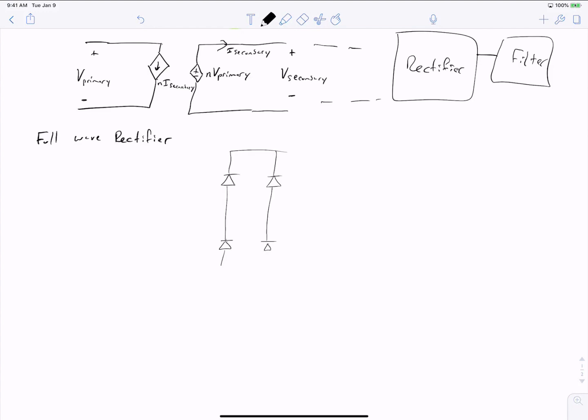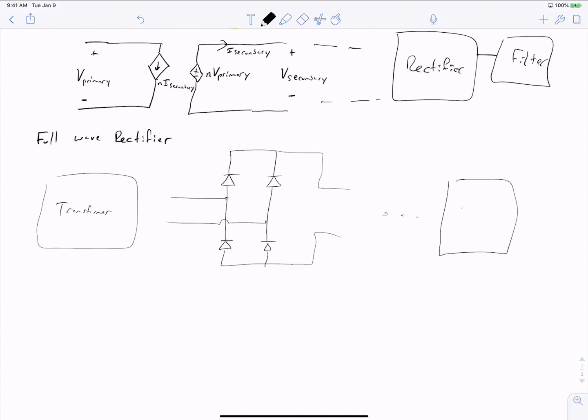You have 4 diodes that are connected to an input of some type. In our case, the case that we've been describing so far, this input is your transformer. The output of this continues on and is attached to your filter stage.